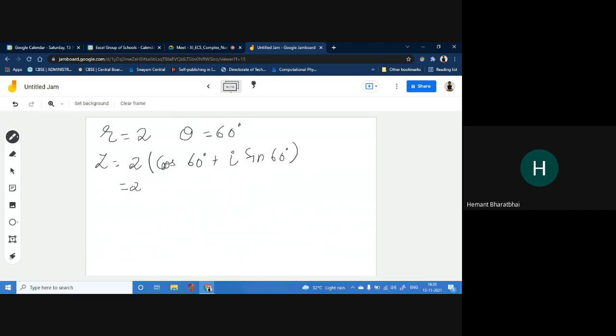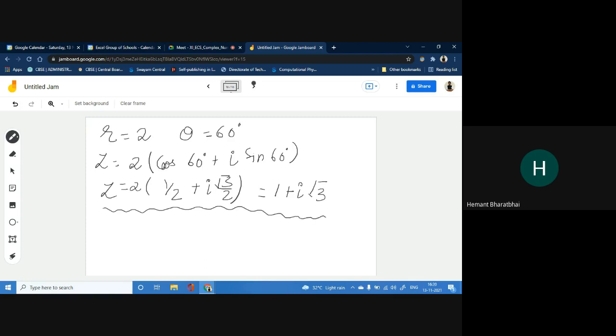So that will give me 2 into cos of 60 degrees, which is 1 by 2, and sine of 60 degrees is root 3 by 2. Now this 2 can be taken common and cancelled, so I'll get 1 plus i root 3.